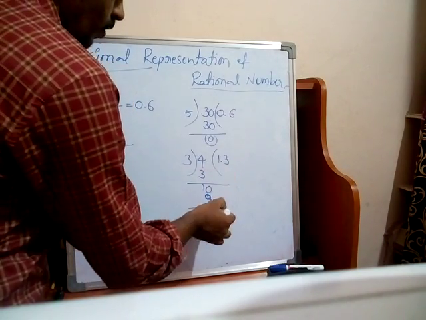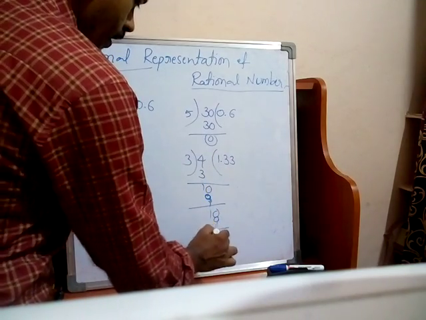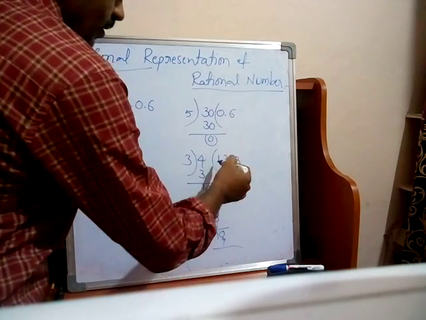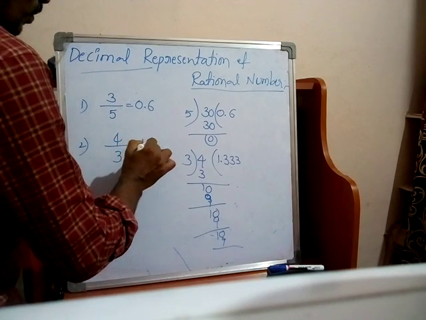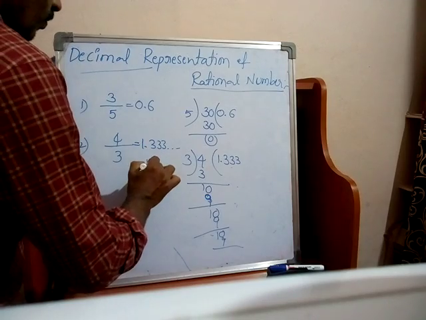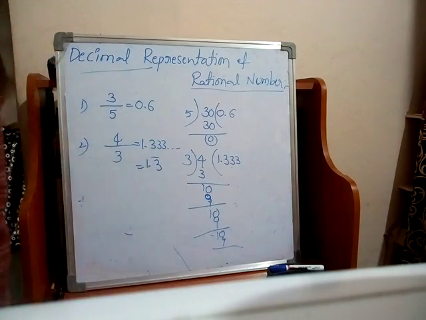Again 3 threes are 9, again 1. This continues. So the value of 4 by 3 is 1.333 like this only. It can be written as 1 point, and 3 is repeated, so 1.3 bar.